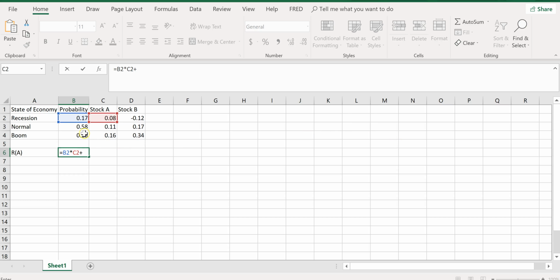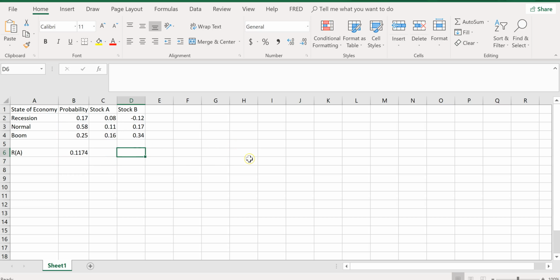then go on plus the probability for the normal state times the return under the normal state, and plus the probability for the booming state times the return under the booming state. That's simply our expected return for stock A. Stock B is done similarly.